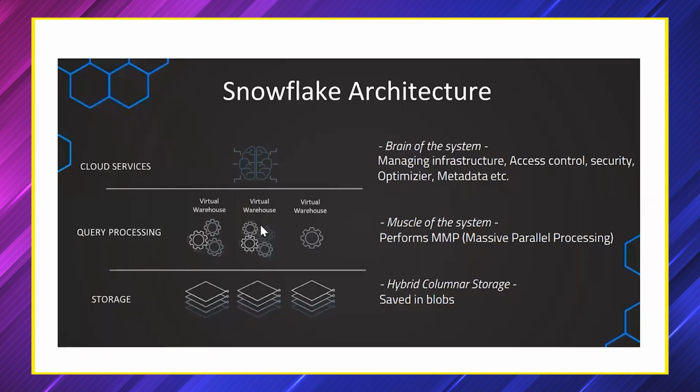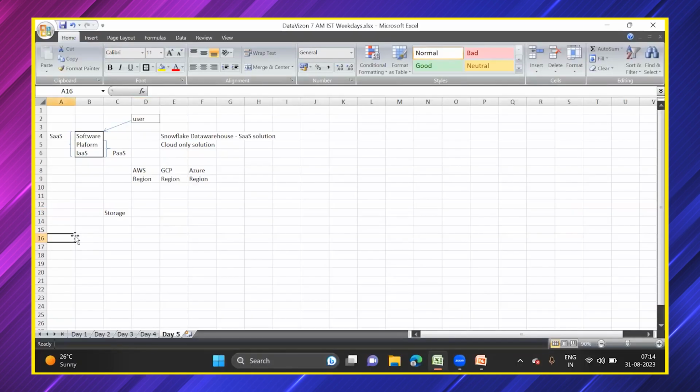If you talk about some of the previous databases, whether it is SQL Server or any other database, it can be Oracle, in those databases we have something called a row-based structure, row-based storage.